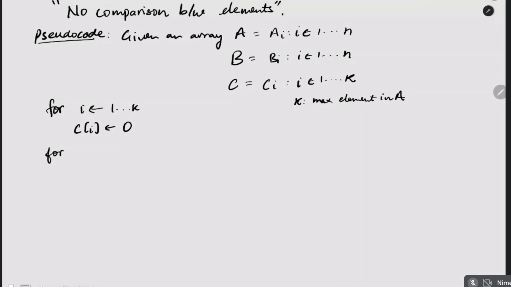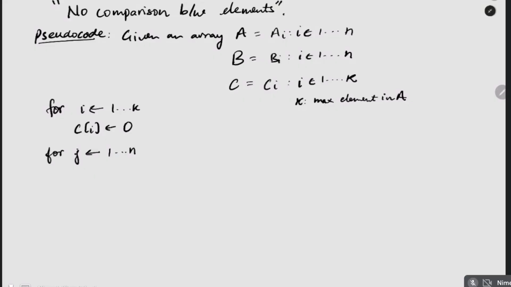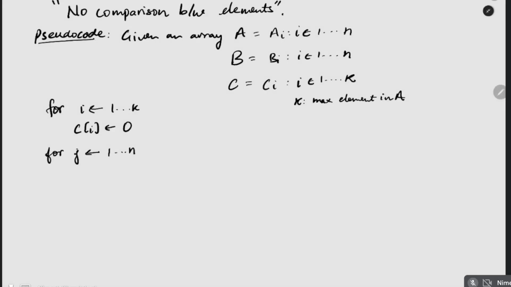And then what we do is we basically count the number of values, right?